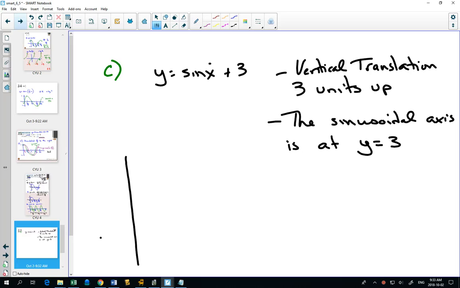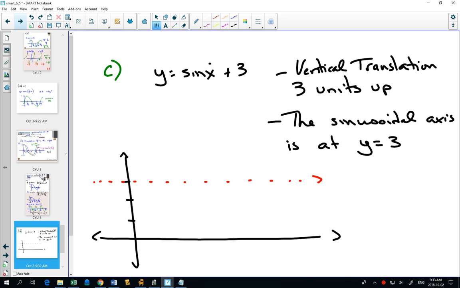So what does that look like? We're going to take a dotted line and label our sinusoidal axis. We haven't labeled it yet because it's always been on the x-axis.